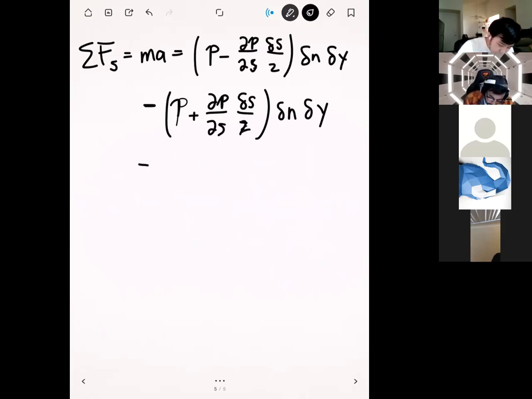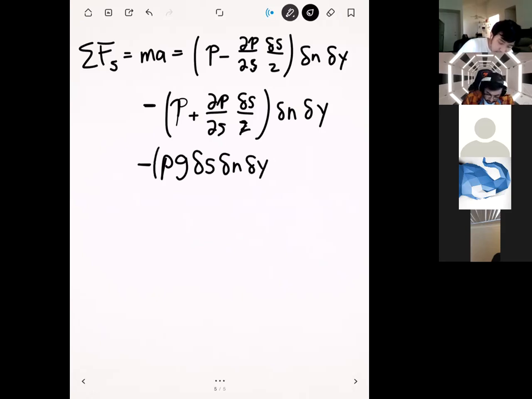And then finally we have the weight. The weight's actually going to be opposing the motion of the particle as well. So our weight is given by our specific weight, which I'm going to put in terms of density and gravity, and then we multiply this by the volume of the particle.